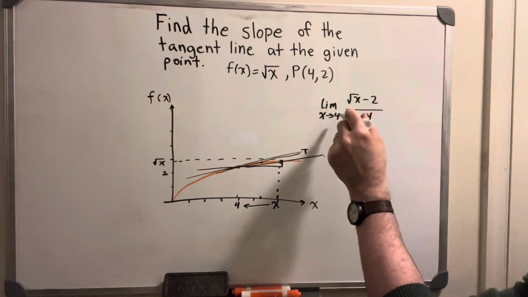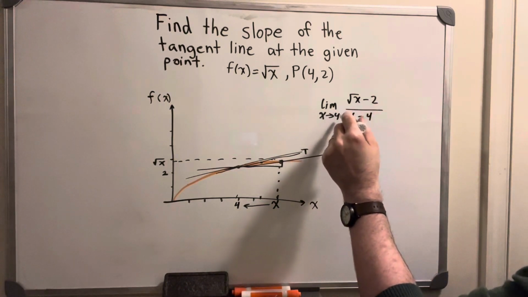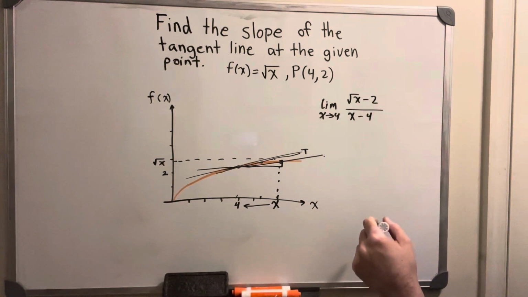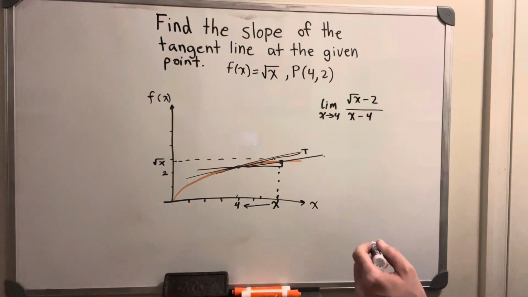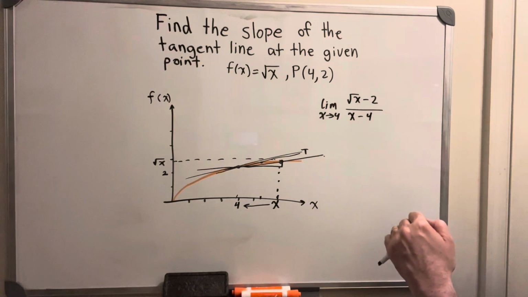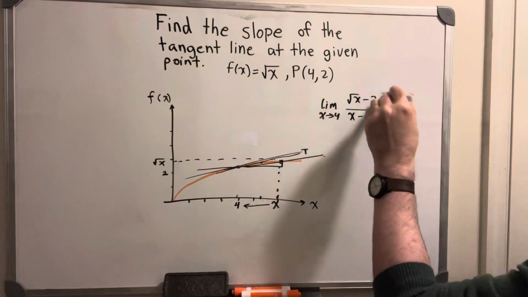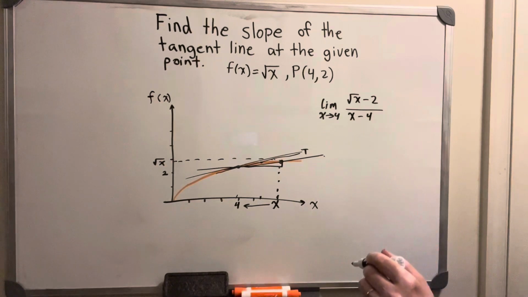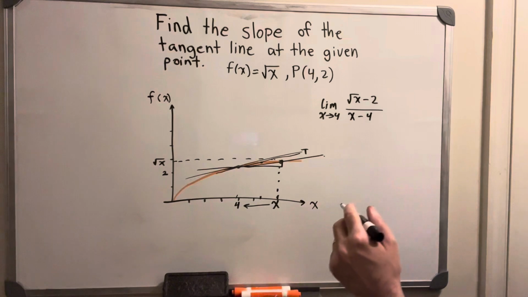But how do we solve this? Because look, if we plug in x equals 4, it blows up because 4 minus 4 is 0, and division by 0 is undefined. What can we do? What would you do? Do you know how to look at the numerator and the denominator and see any hints on how to factor something so that you can get x minus 4 out of the denominator?